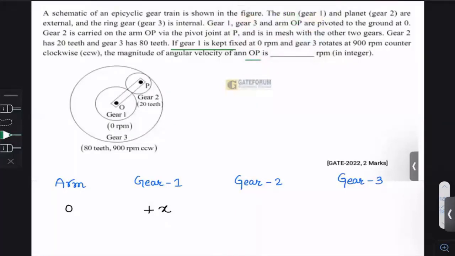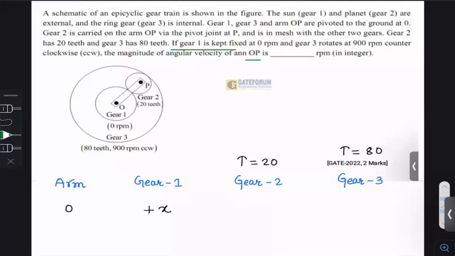A schematic diagram of the epicyclic gear train is shown. Sun gear 1 and gear 2 are external. Ring 3 is internal. Gear 2 has 20 teeth. Gear 3 has 80 teeth. If gear 1 is kept at 0 RPM and gear 3 rotates at 900 RPM.